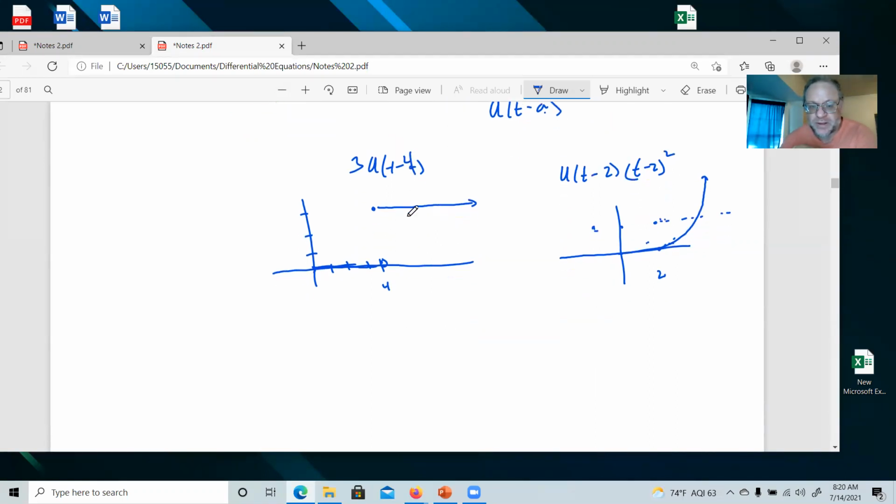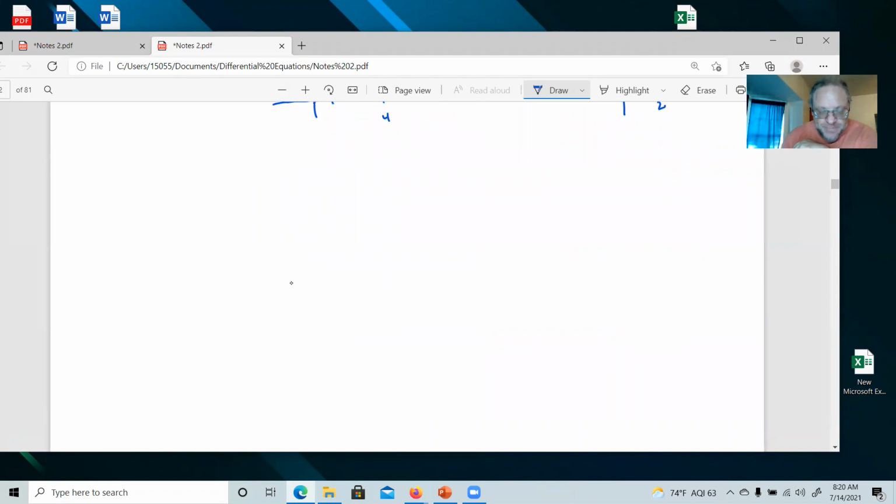So if I wanted to do something, I hate to do sines or cosines just yet, but say I wanted a function that looked like sine t, and then at 2 pi, sorry, I meant 2 pi when I said pi over 2.